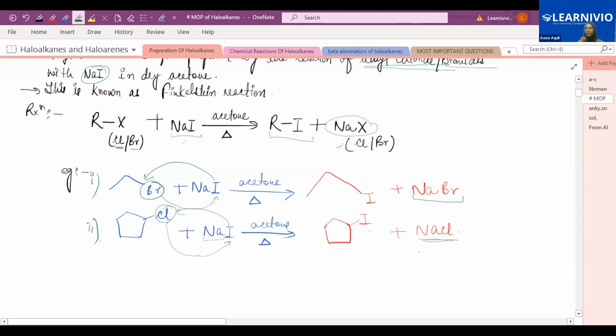Basically, you just have to exchange the halogen, and keep in mind that in Finkelstein reaction, alkyl iodide is formed as the product. Clear?